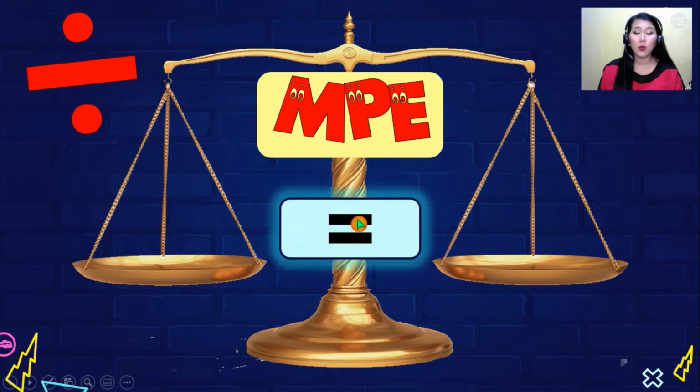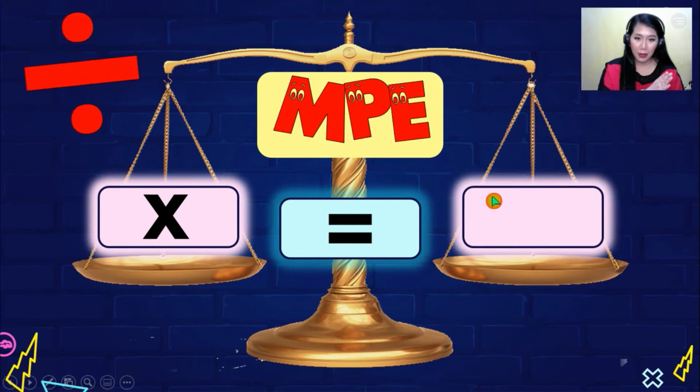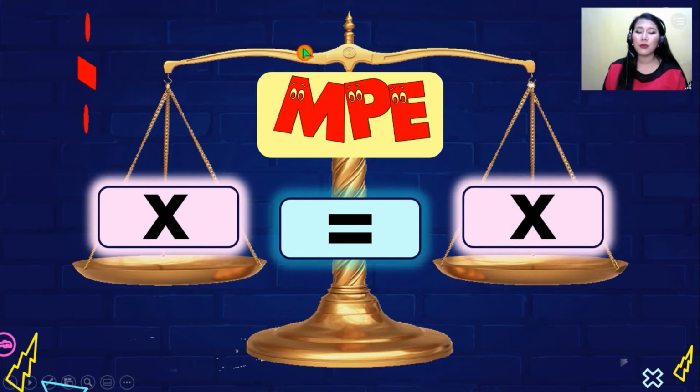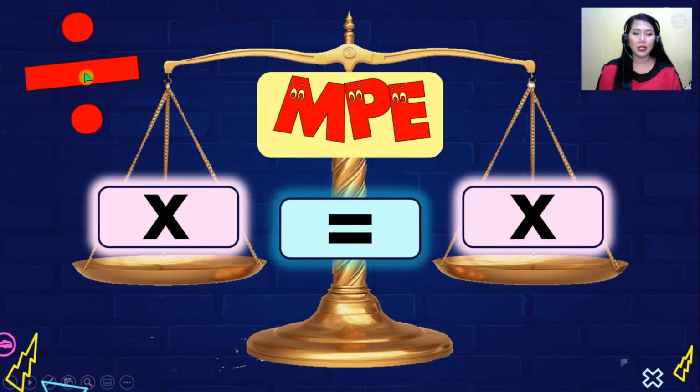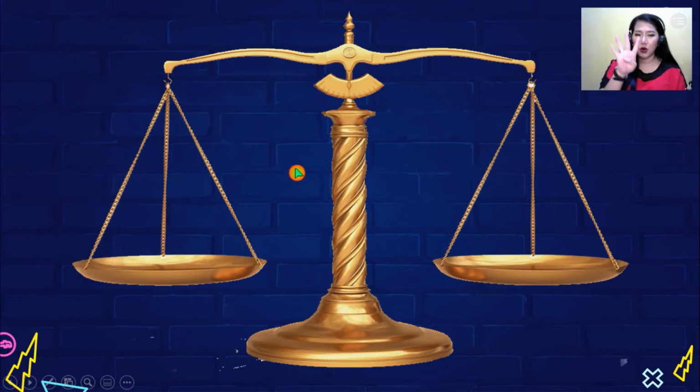So, in your equation, kung nag-multiply ka daw sa kaliwa, dapat mag-multiply ka rin sa kanan. So, but take note ha, gagamitin mo lang ang multiplication property of equality kapag nakakita ka ng division symbol or division sign or fraction.